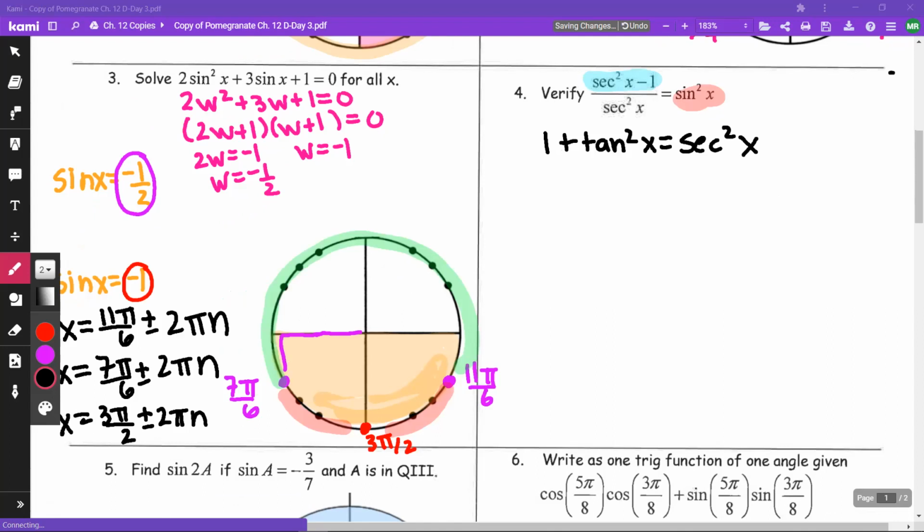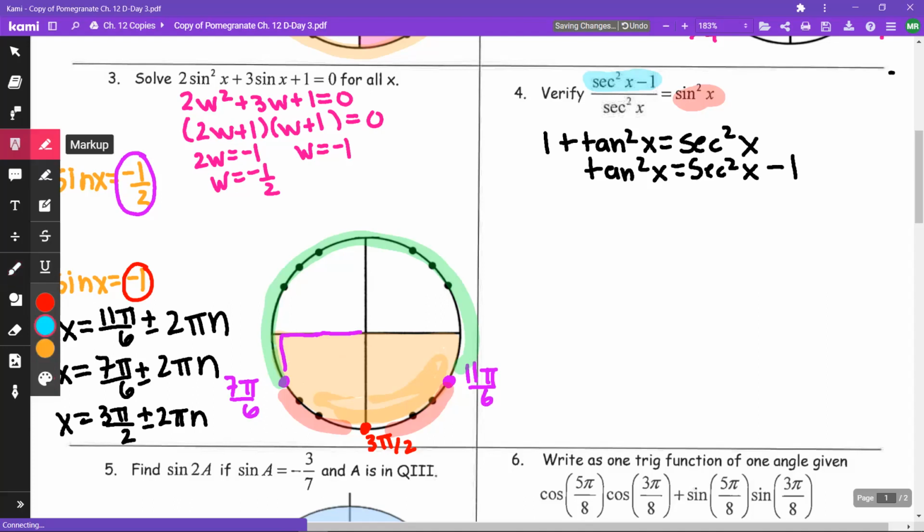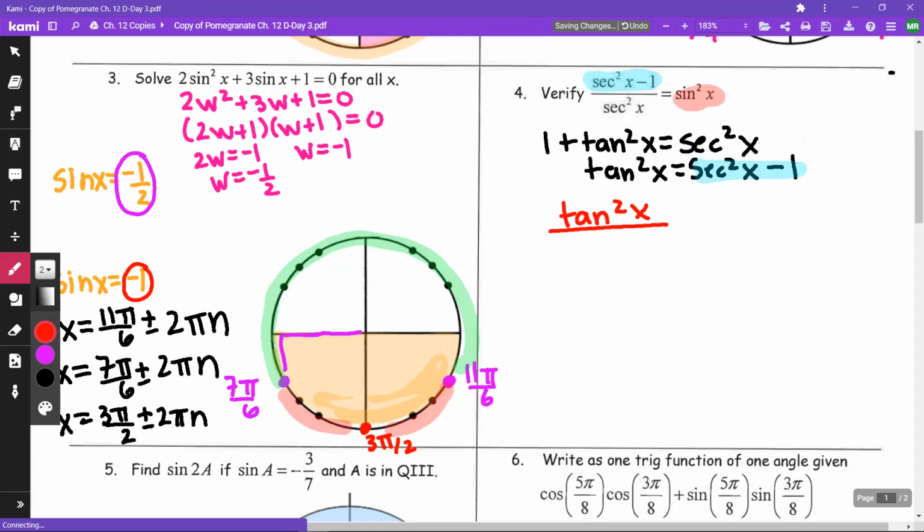So what I am going to do is, if I was to rewrite that, tangent squared x is going to equal secant squared x minus 1. So on the top, where I had secant squared x, I can write that as a tangent squared x. So I can write tangent squared x there. And then this is still secant squared x.